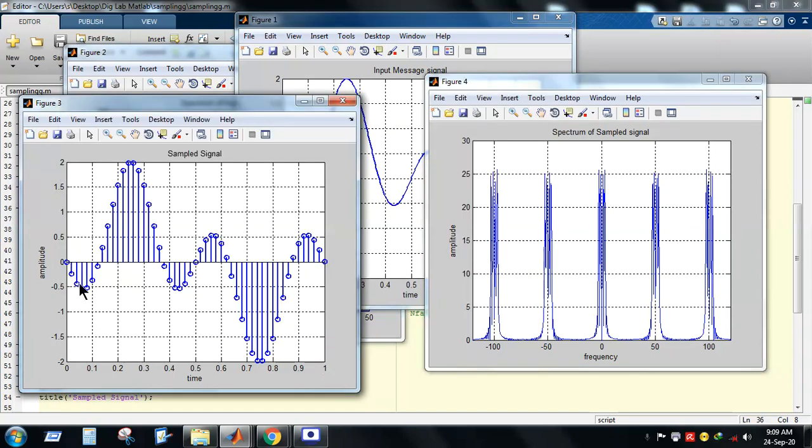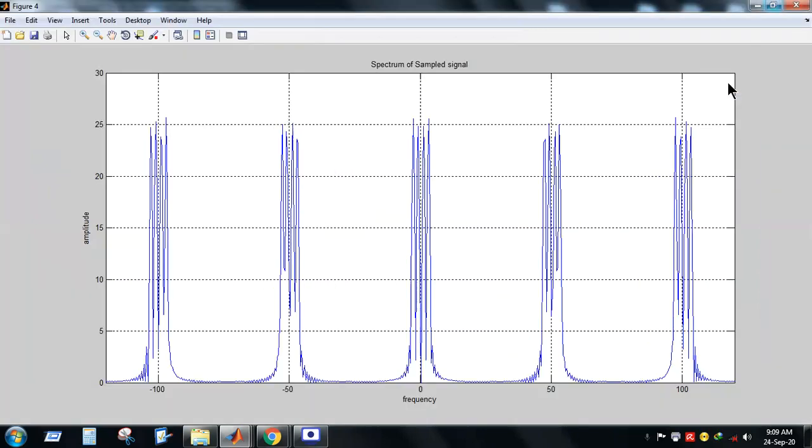This one is the sampled version, and this one is the corresponding spectrum of the sampled signal. As we are using 50 hertz, you can see the spectra are shifted at plus minus 50, plus minus 100, like this, and we can easily extract or reconstruct the message signal from the spectrum by using a low pass filter.